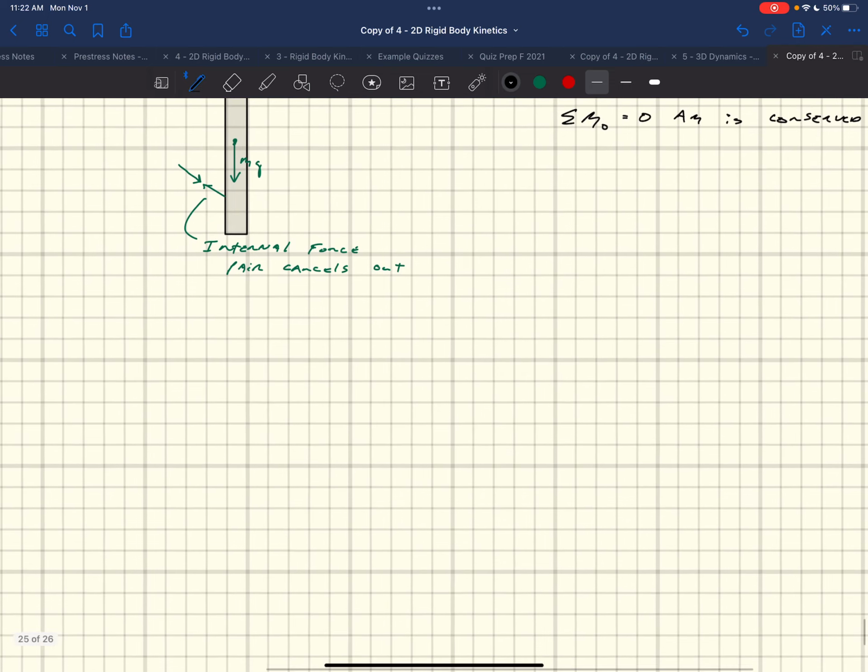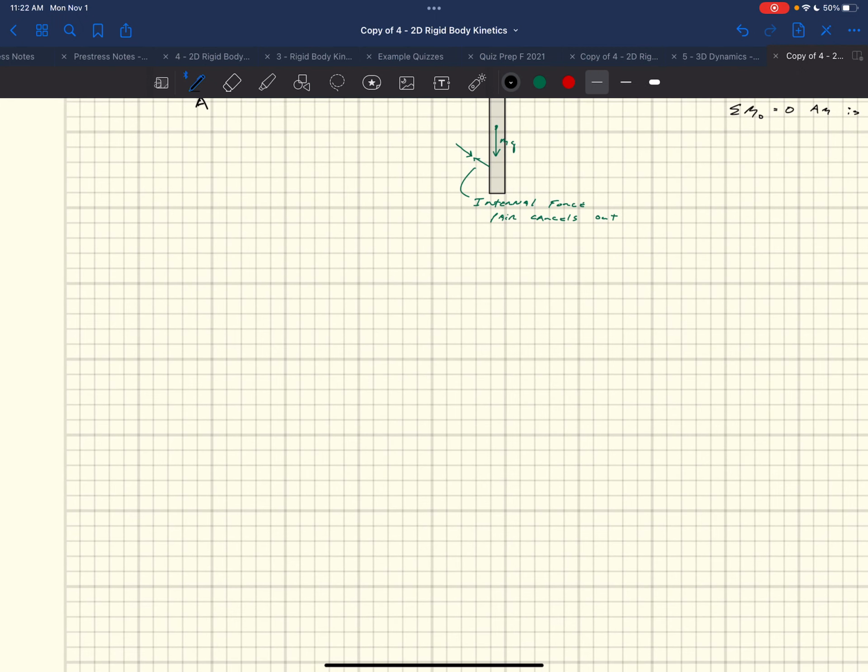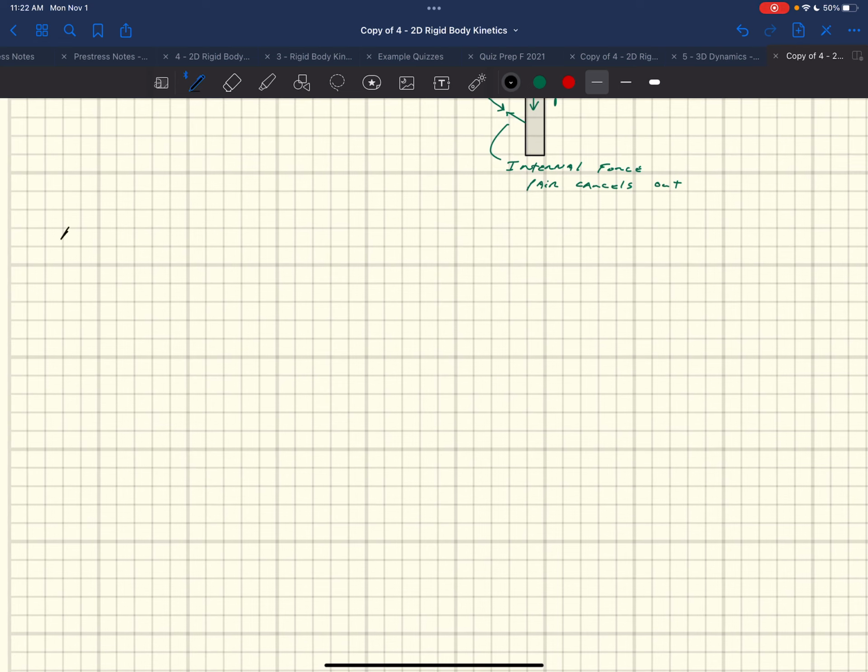Okay, so now we're ready to go down to part 2. I mean, this is all part of 2, so we'll just do 2 continued, and that's going to be to do angular momentum. Right, we said that it's conserved.